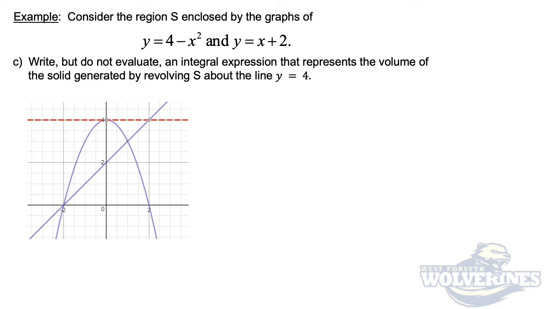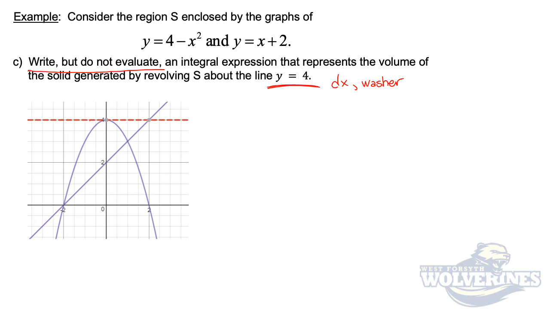One more, based on the same premise, similar but not the same. Write but do not evaluate. An integral expression that represents the volume of the solid generated by revolving S about the line y equals 4. Okay, so we're still doing a volume of revolution, but now we're going around y equals 4.